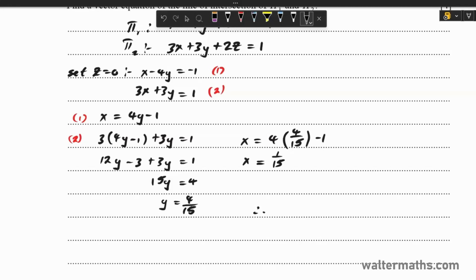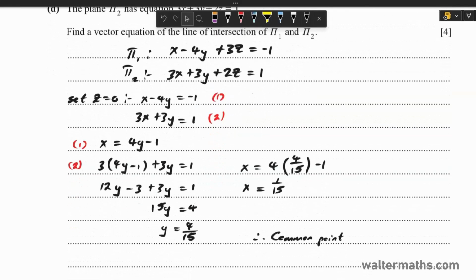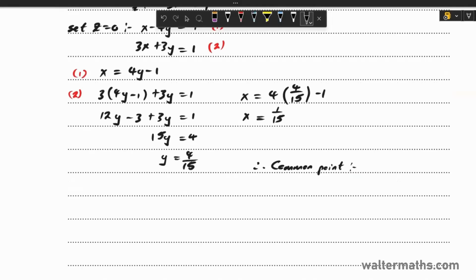So therefore, the common point, which is actually a point on the line of intersection of the two planes, that's 1 over 15, 4 over 15, and since we had set z to be 0, and 0. So this is what we got.